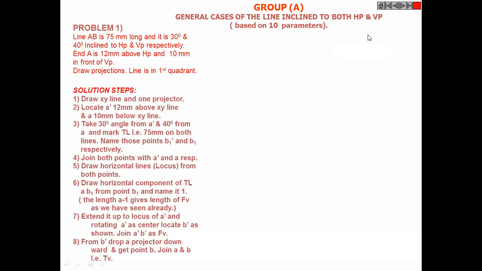Right now you don't read these solution steps. They will be there, but don't read them right now. So first is the XY line. Then the point A is located. It is 12 mm above HP, so we can see it in the front view. So this is 12 mm in the front view, that's why it will be a dash.